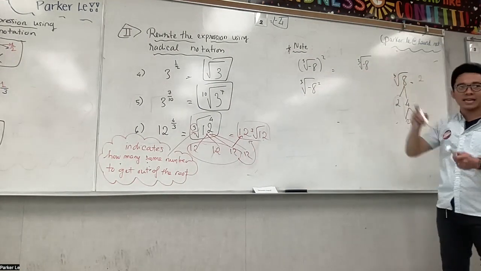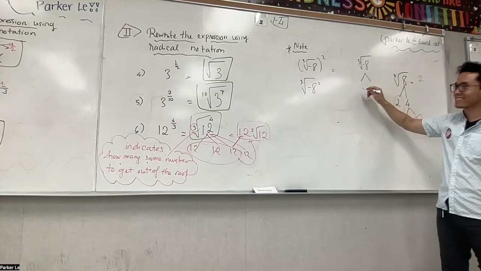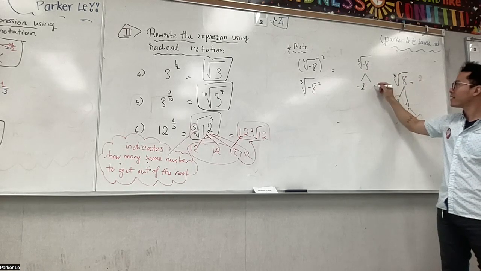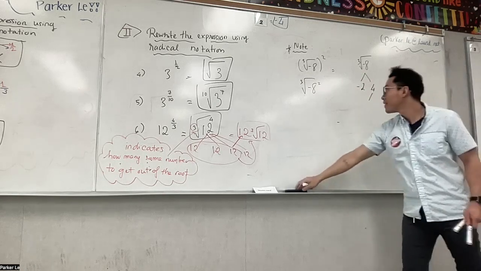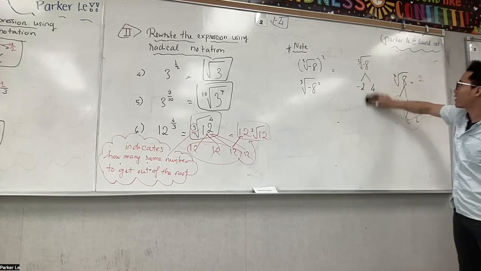How about the cube root of -8? What do you think? Okay, -8 is negative 4 and then 2. Wait, hold on.